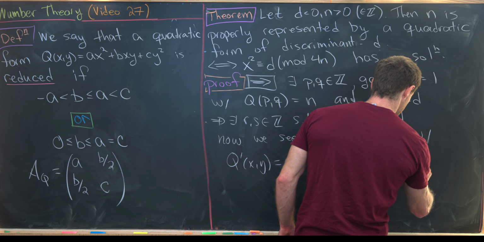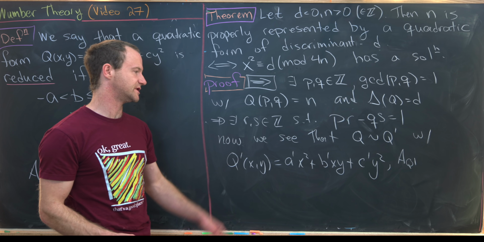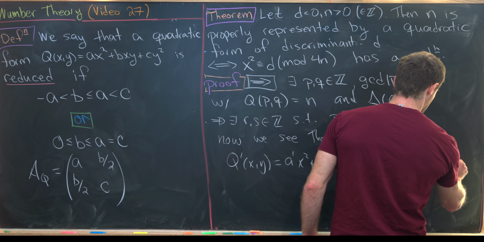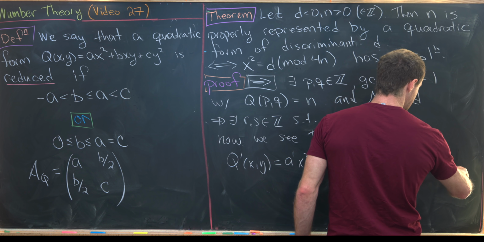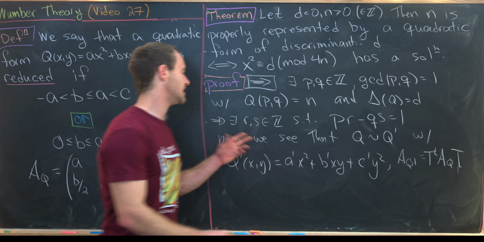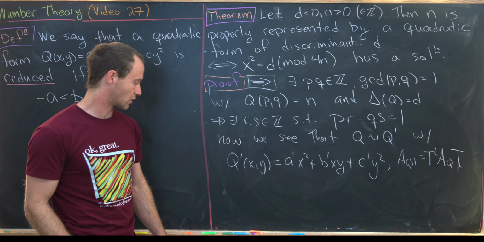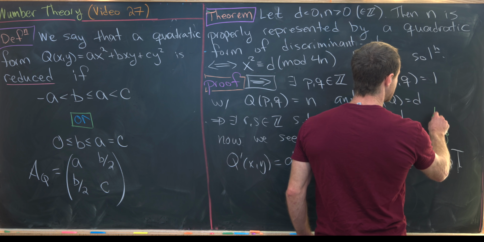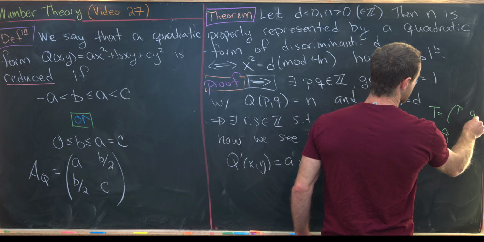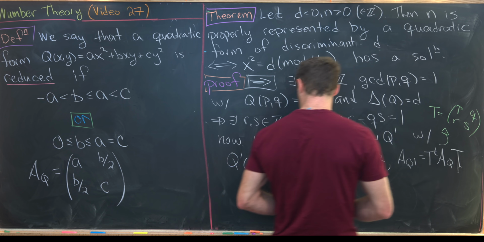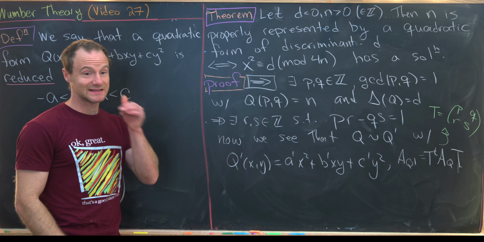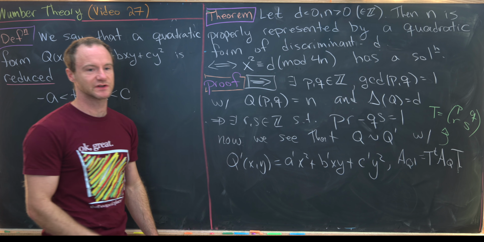And A_Q prime, in other words the matrix associated with this quadratic form, is equal to T transpose A_Q T, where A_Q is the matrix corresponding to this original quadratic form, and we are carrying the notation T equals PQRS, like that.